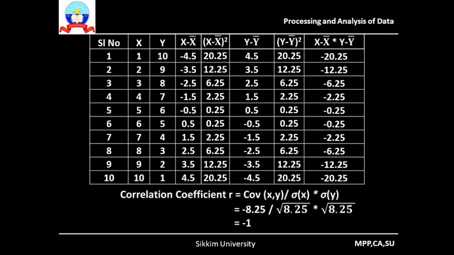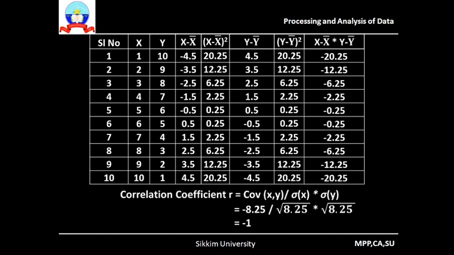So here I have taken up an example for explaining correlation coefficient. First we have taken 10 instances of x and 10 instances of y. Then we have found the differences of data points from the mean of x, and then the square of differences.